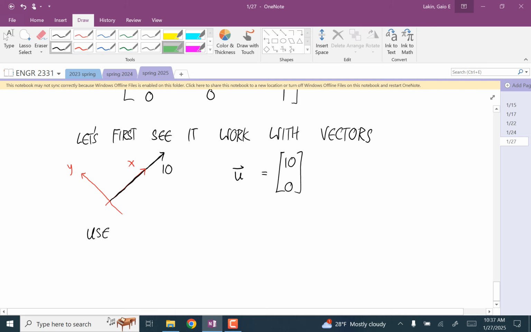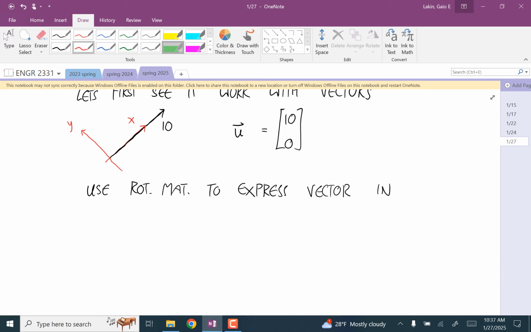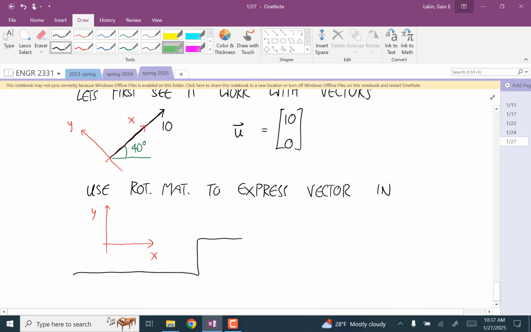Now we want to use this rotation matrix idea to express this vector in the coordinate system like this. And I'm just going to have to tell you this angle is 40 degrees. Okay, so how do we do that?